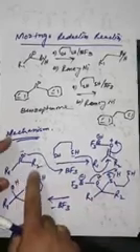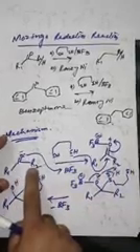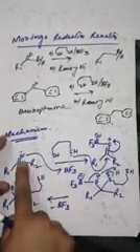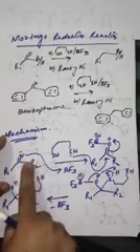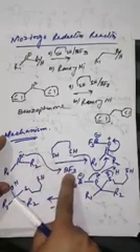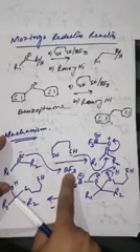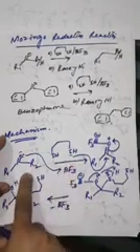The mechanism is very much simple. When you practice, you will see that this is not so difficult. What happens in the first step? Oxygen acts as a base. It donates a pair of electrons to this Lewis acid, followed by the attack of this sulfur, and you will get this neutral species.